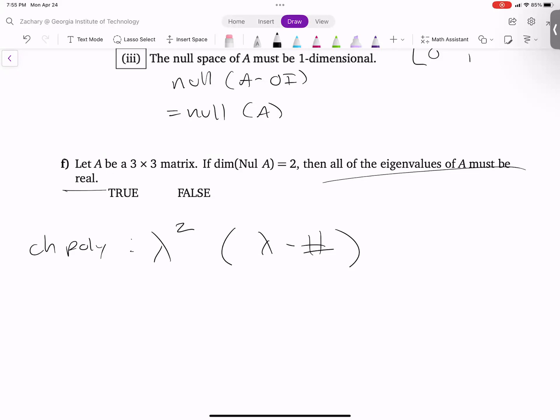We need to be able to apply the quadratic formula: A lambda squared plus B lambda plus C, to get complex roots. So this would have to be a 4 by 4, where lambda to the 4th is my highest power. All right, other questions?